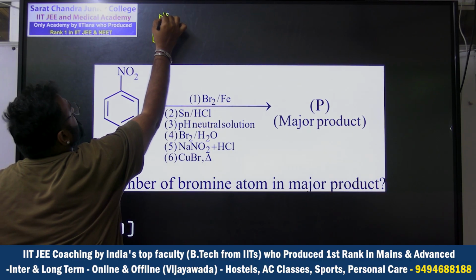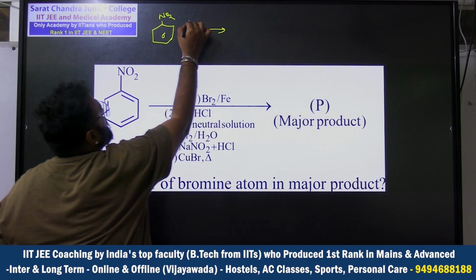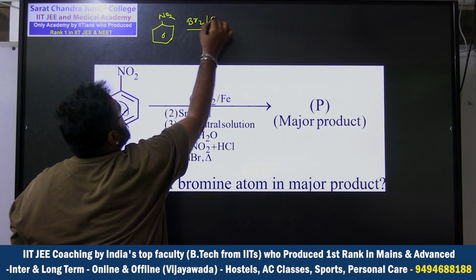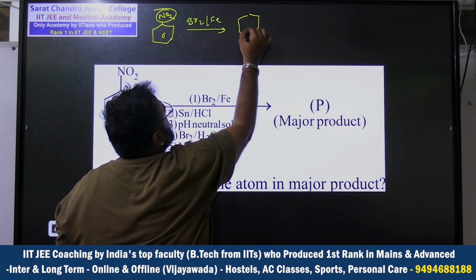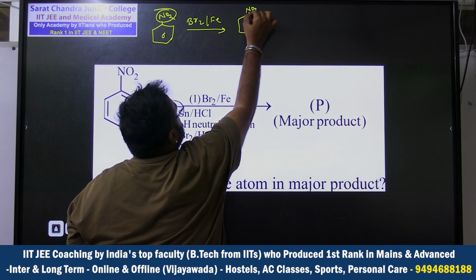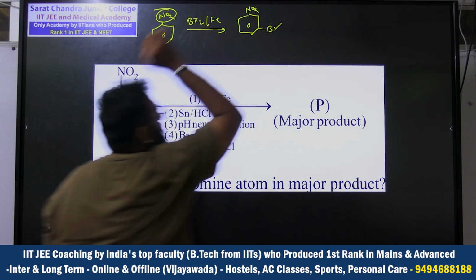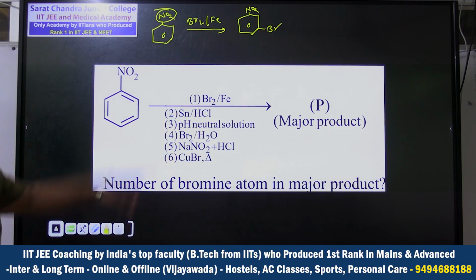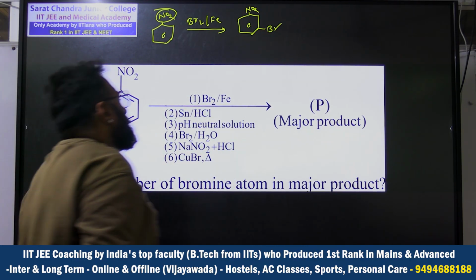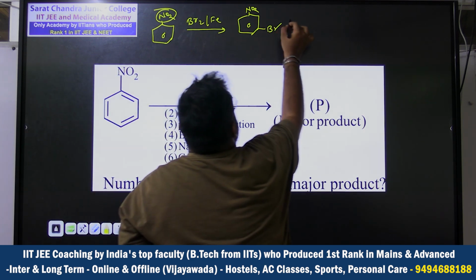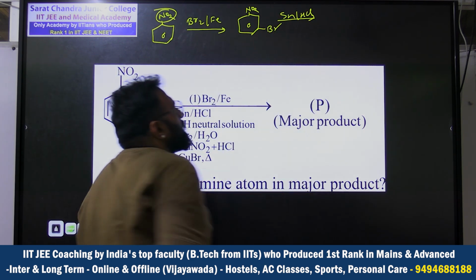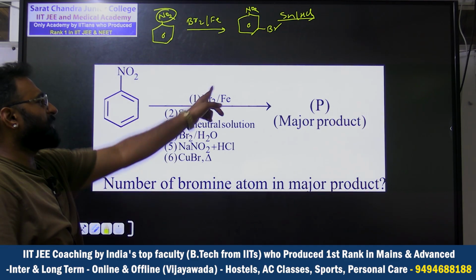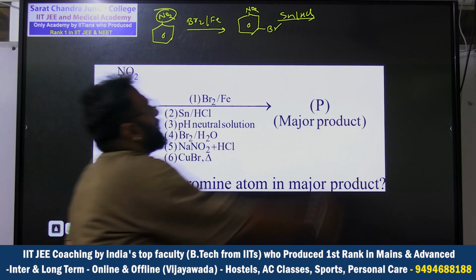Over nitrobenzene, if you add Br2 with Fe, nitro is a meta-directing group, so a meta product is generated. First reaction complete. Then Sn with HCl, which is a reducing agent.